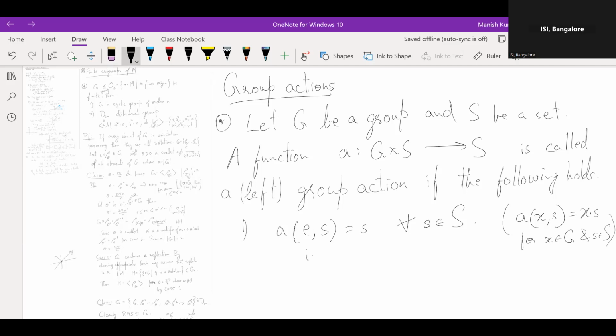If you use this notation, then what it's saying is that E dot S is the same as S. So identity doesn't do anything on S.